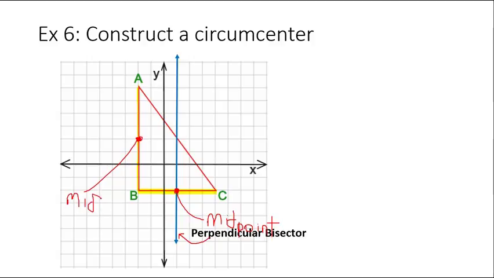So my midpoint's right there. Just write that down, midpoint. Okay. And again, now this time we draw a horizontal line going through that point. So another perpendicular bisector here.